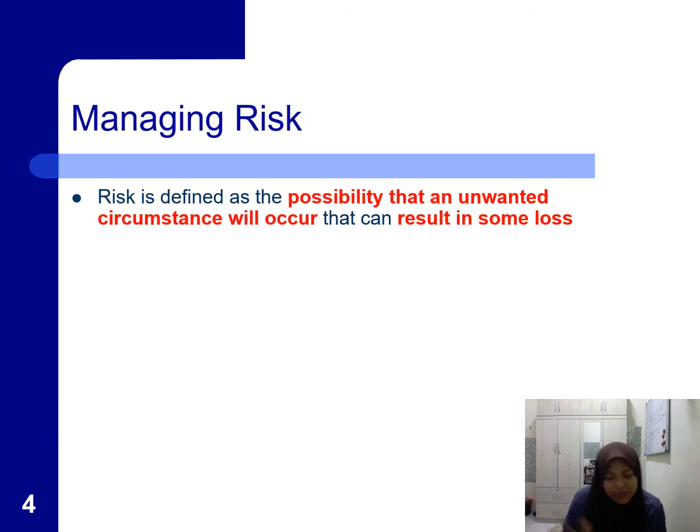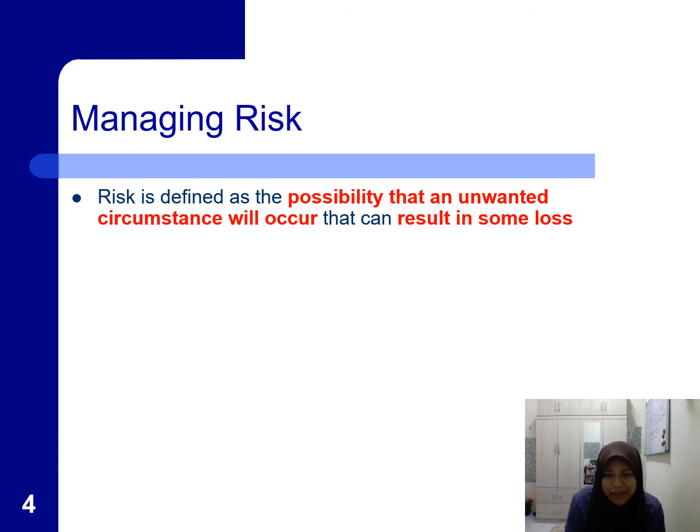Managing risk is very simple. I bet every one of you knows that whenever we are having a project, there will be risk happening, so you need to know how to manage it. Risk can be defined as the possibility that unwanted circumstances will occur, resulting in loss. Whenever risk happens, it is something that we don't know, uncontrolled, unforeseen circumstances.